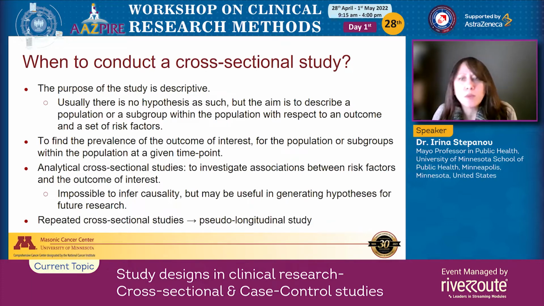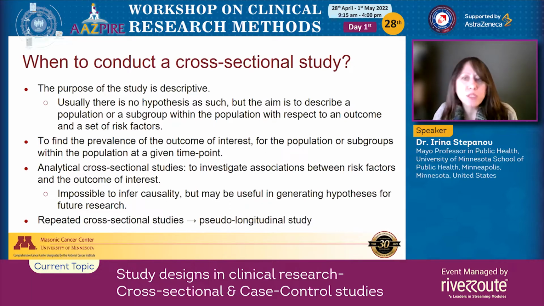For example, cross-sectional studies are sometimes carried out to investigate associations between risk factors and the outcome of interest. These studies are limited, however, by the fact that they are carried out at one time point.